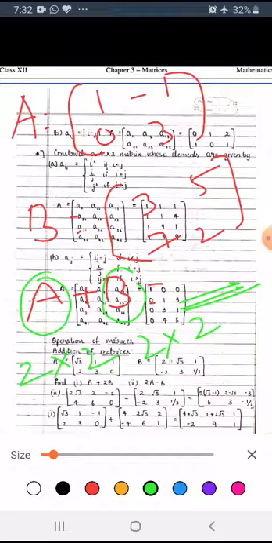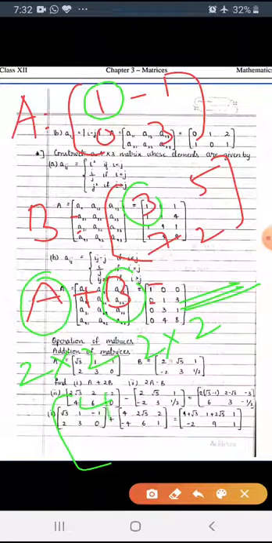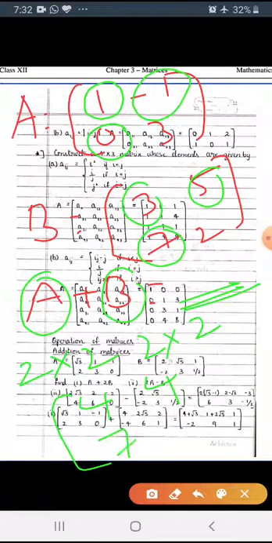See here, while adding A plus B, you should add the corresponding elements. 1 plus 3 is 4, minus 1 plus 5 is 4, next one is 0 plus 7 is 7, 3 plus 2 is 5.